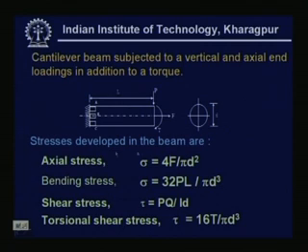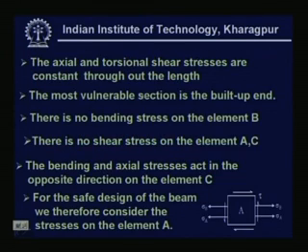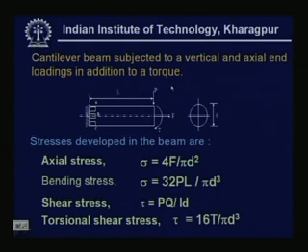Now, the bending stress we have learned was M y by I. If you substitute the value of M as P multiplied by L, we consider the section just at the end, because the maximum bending moment occurs when L is maximum. We get the bending moment at the end as P into L, and substituting all the values gives an expression for bending stress.